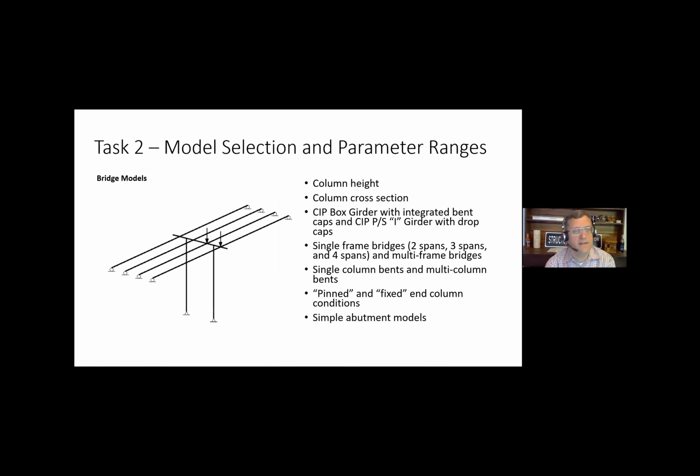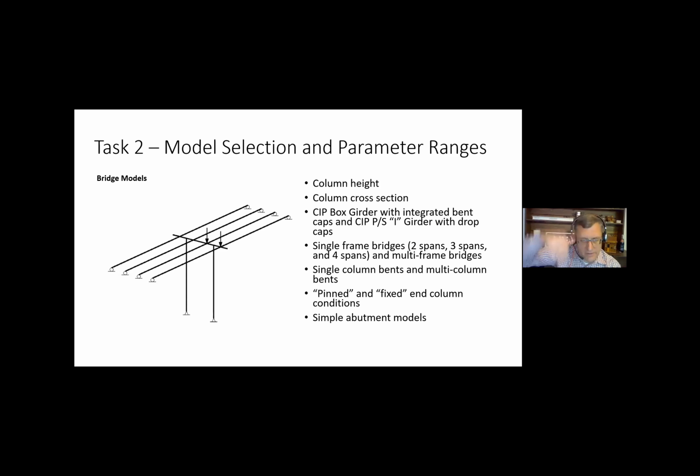Within Task 2, we'll also develop some simplified bridge models. I think I win the award for least sophisticated bridge drawing you've seen today. The basic idea is we'll develop models with multiple spans; 2 spans are shown here, and multiple bents, with 1 bent shown here. We'll look at vertical loading on the bents, or loads over the bents, and how that transfers into the columns.